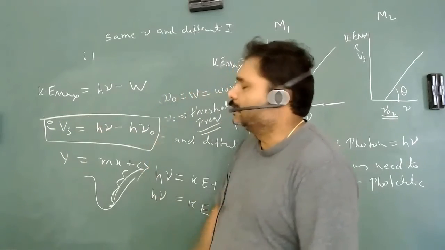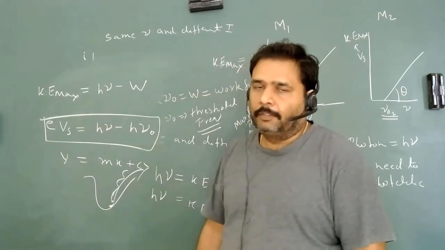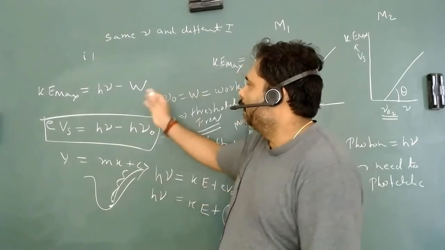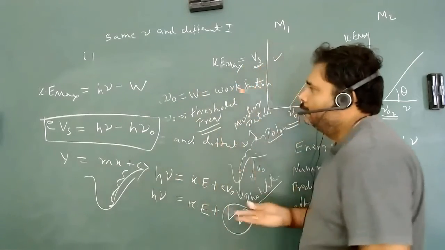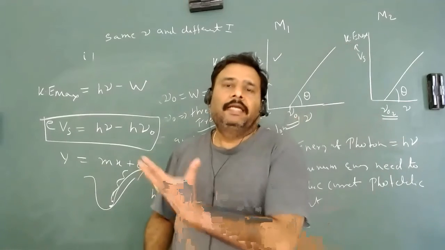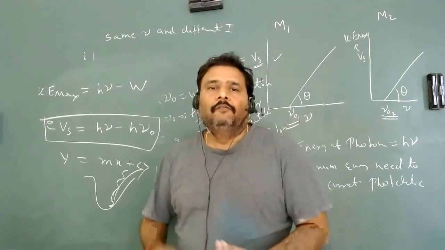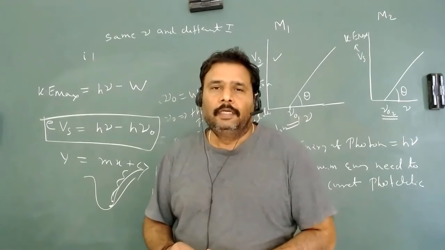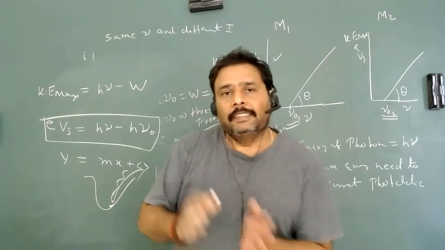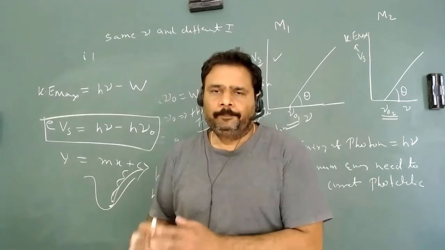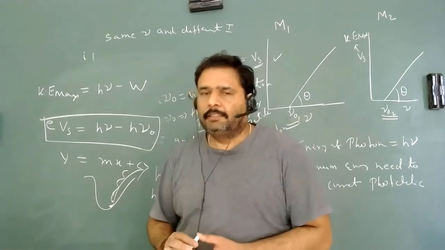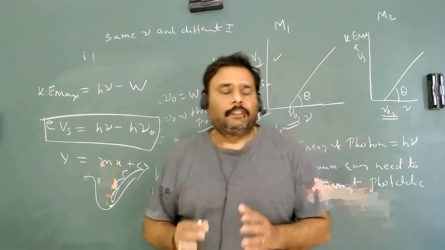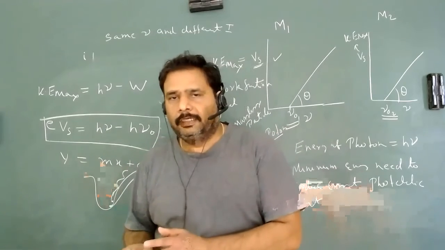So this is all about the explanation by the Einstein equation, and we can explain how this whole curve is defined: the maximum kinetic energy of the electron is produced by the maximum frequency, and the maximum kinetic energy is equal to the stopping potential. This is all about the explanation of the photoelectric effect.